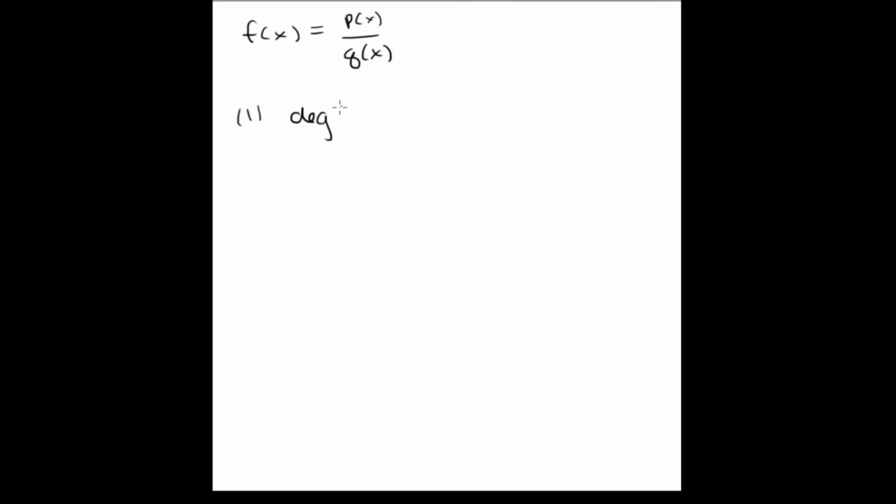So, there are three possibilities for a rational function in terms of their degrees. First, the degree of the top is smaller than the degree of the bottom.